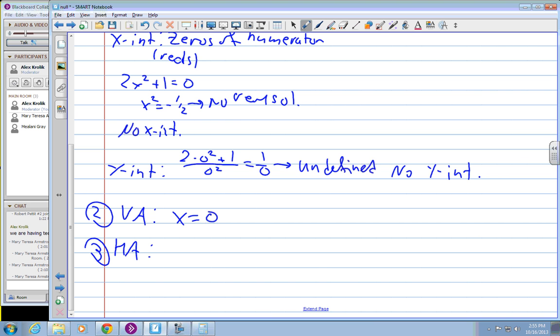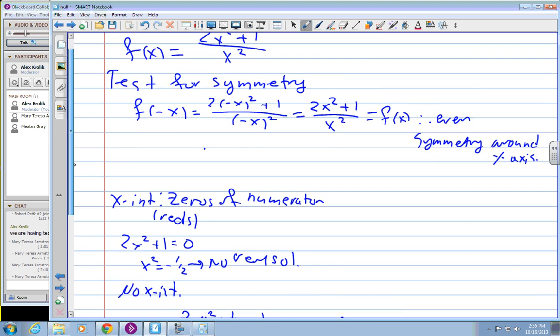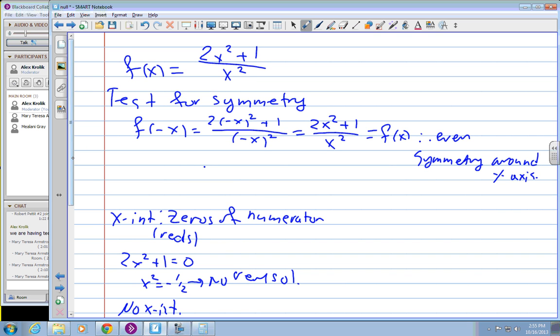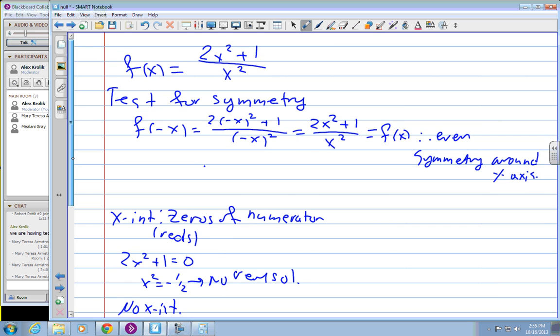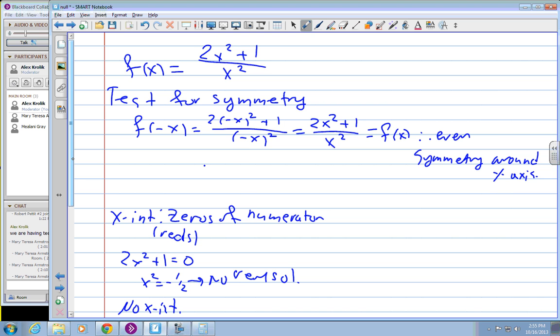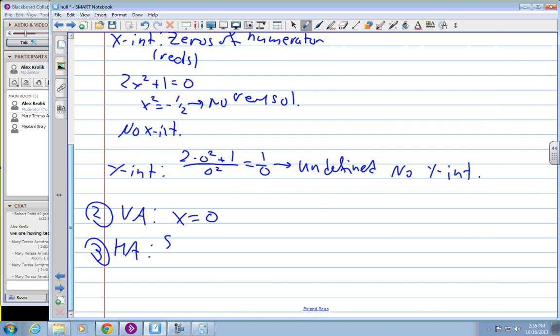What about horizontal asymptote? It's 2x squared over x squared. Well, it's the same degree. Yeah, it's 2 over 1, so it's just 2. Right? So if the degrees are the same, you just look at the coefficients in front. So since degrees are the same, we get y equals 2 over 1.